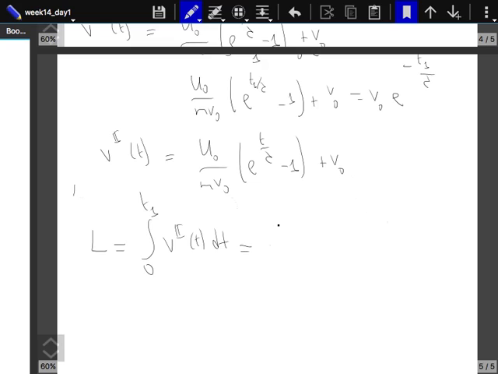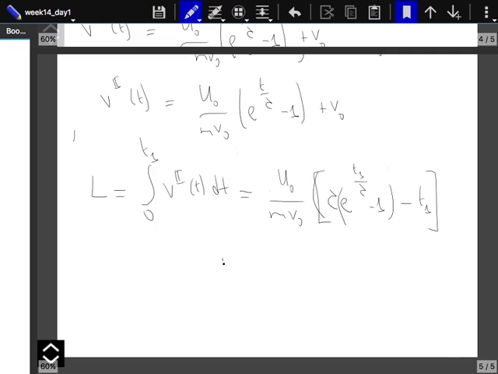This will be equal to U0 over mV0 tau times e to the power T1 over tau minus 1 minus T1 plus V0 times T1.